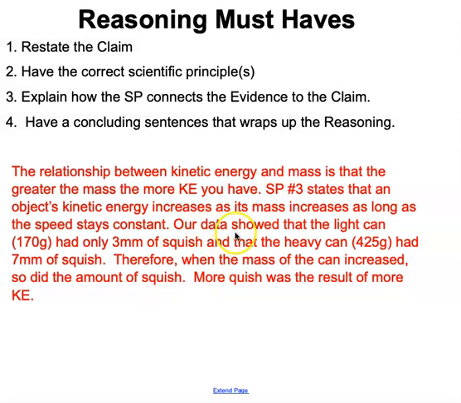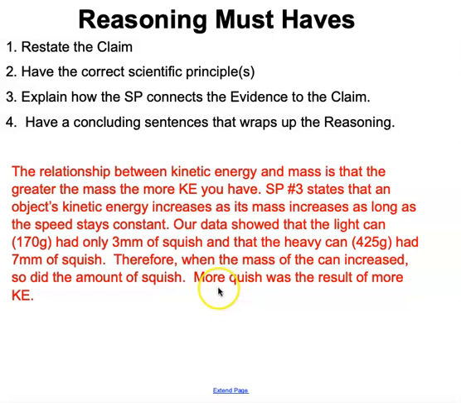Our data showed that the light can, blah, blah, blah. Okay, we had that. Notice how I say 3 millimeters squish and 7 millimeters squish. Big deal. Tied together. Therefore, again, I'm showing the connection here. Therefore, when the mass of the can increased, so did the amount of squish. Okay. What about KE? I haven't brought that in here.